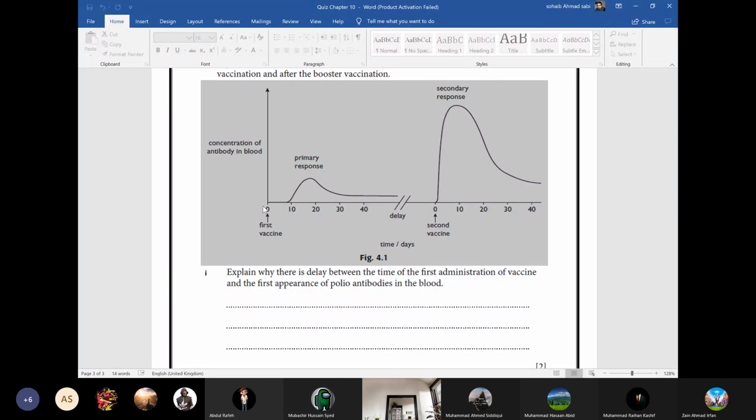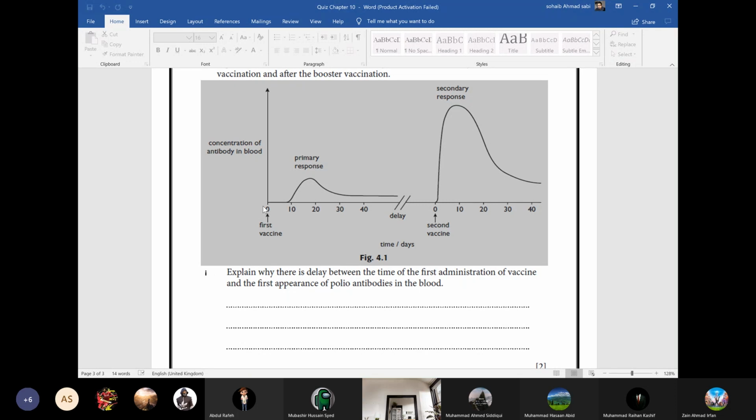Okay, boys, listen to the complete answer. What you will tell is that first of all, it will take time for the recognition of the pathogen. The lymphocytes will take time to recognize the pathogen. Second, the lymphocytes will reproduce and increase in number, and this will take time.